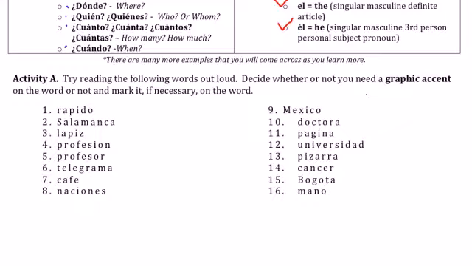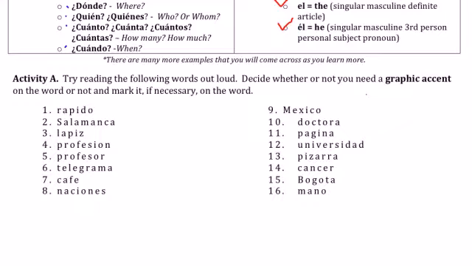Cinco, profesor. Seis, telegrama. Siete, café. Ocho, naciones. Nueve, México. Diez, doctora. Once, página. Doce, universidad. Trece, pizarra. Catorce, cáncer. Quince, Bogotá. Dieciséis, mano.